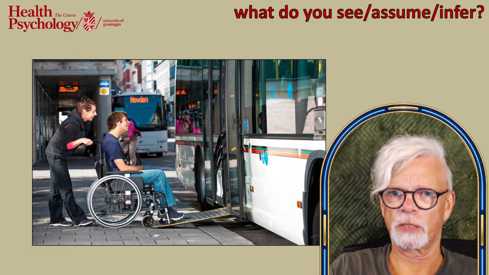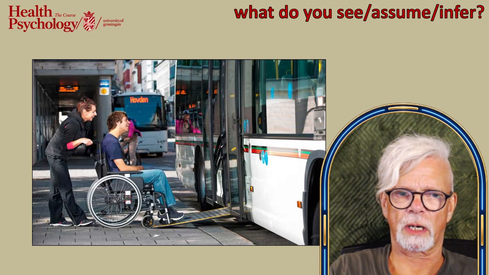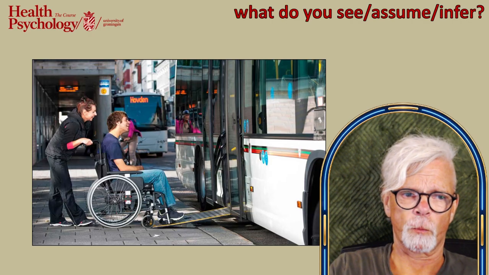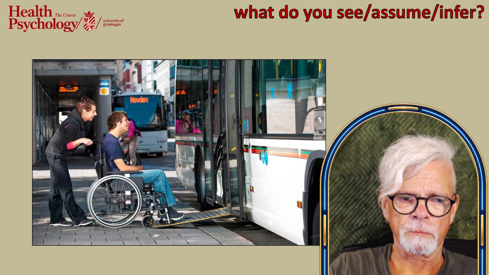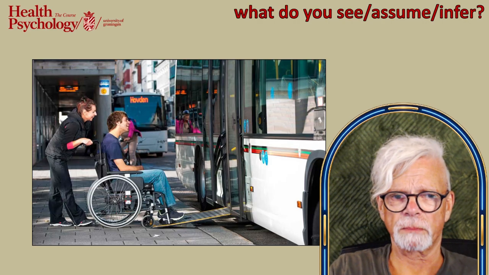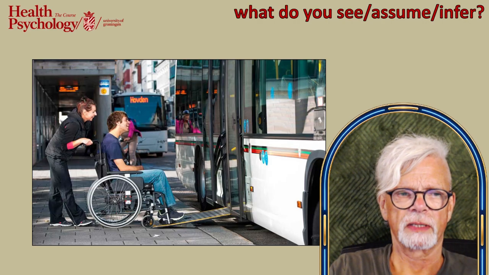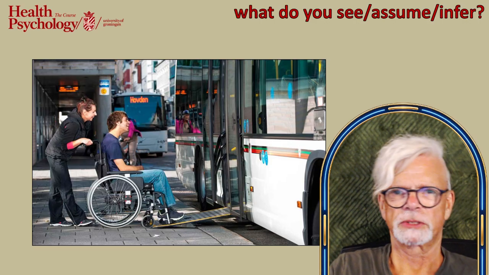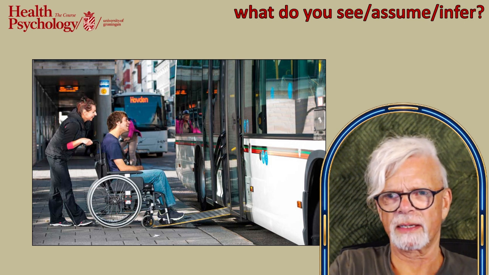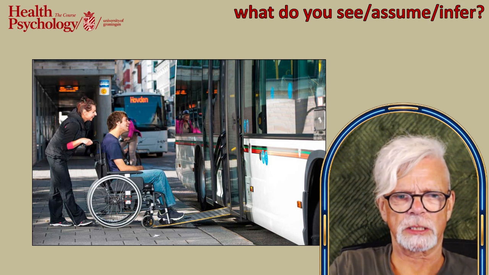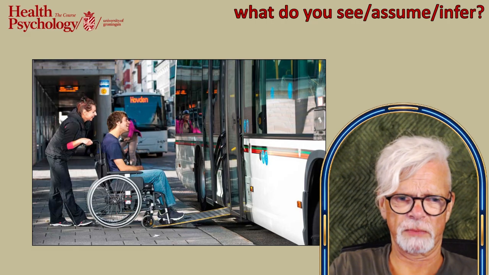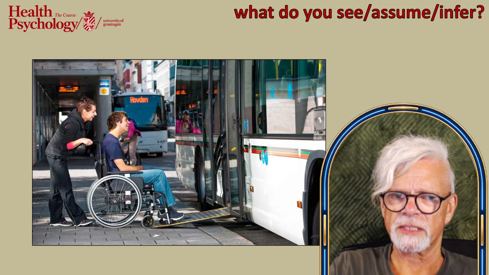Here, let's see, what do we see? I see a young man in a wheelchair with a young woman behind the wheelchair. Both seem to laugh. I see from their faces. And so what I infer is that one person, the woman, is helping the other, assisting.